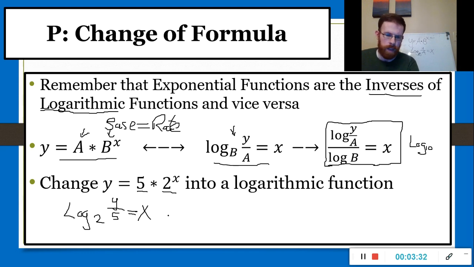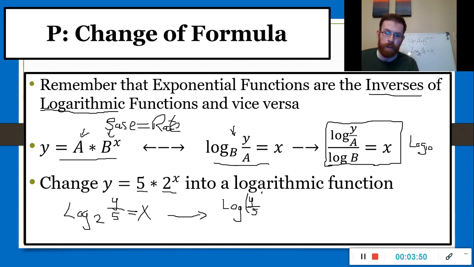But that's a different lesson for a different time. That's just saying if I had a value for y, I could figure out what x is by doing log of y divided by 5.